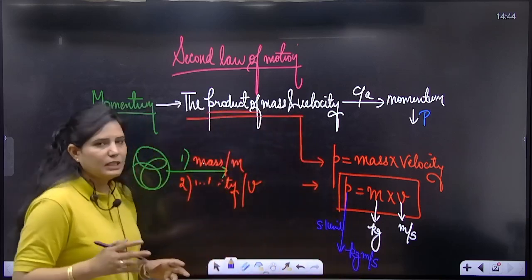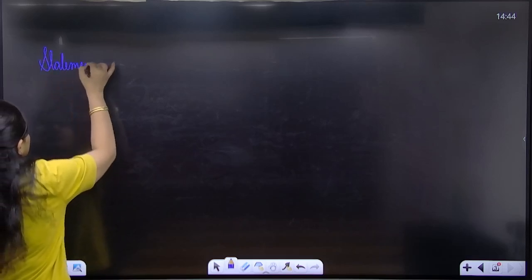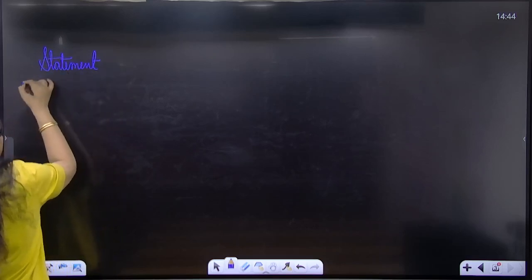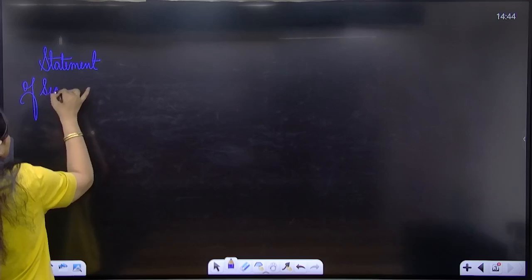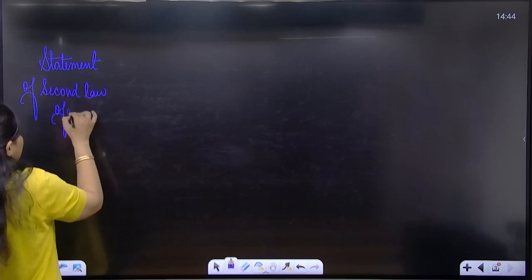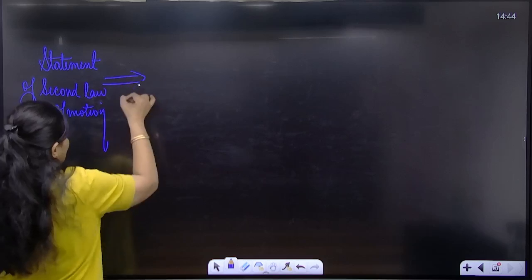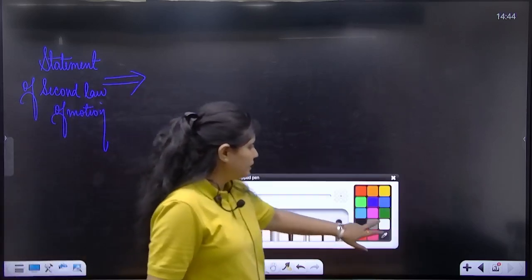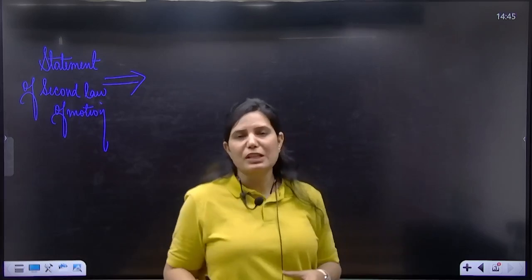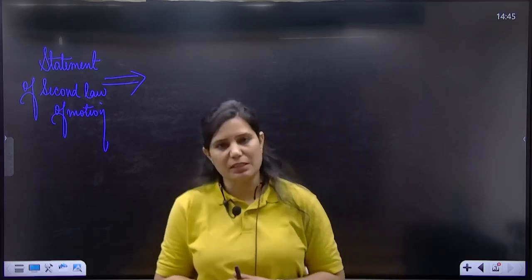Now let's check the statement of second law of motion. So the statement of second law of motion is that the rate of change of momentum or linear momentum is proportional to the external force applied.